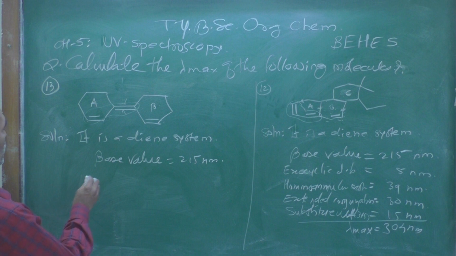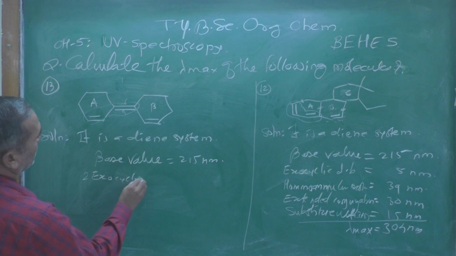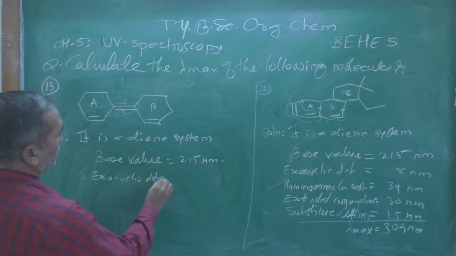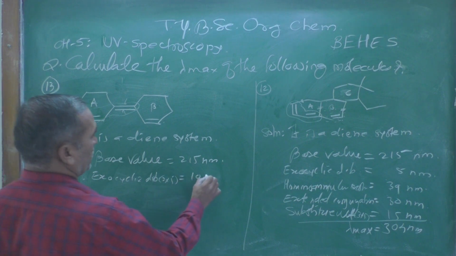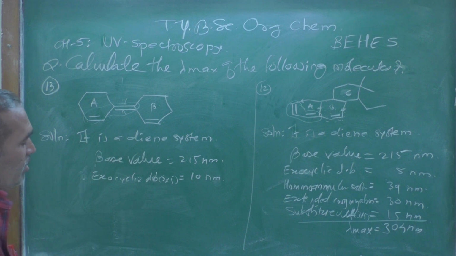So there are 2 exocyclic double bonds. So 2 into 5 becomes 10 nanometer. You can write it down. Now base value 215 nanometer, exocyclic double bonds 10 nanometer.